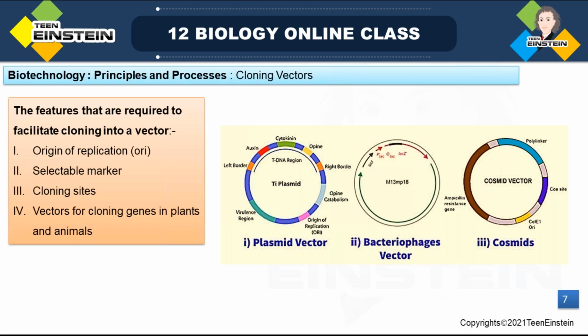I'll explain that, and which are the common selectable markers we use, and the role of origin of replication. Then how we select the recombinants and discard the non-recombinants. From this chapter you'll get a lot of application type questions, so go through all these things.